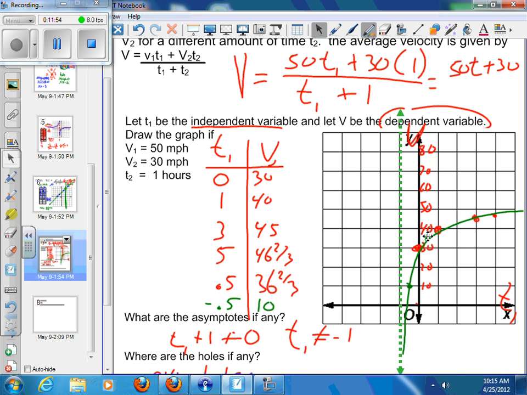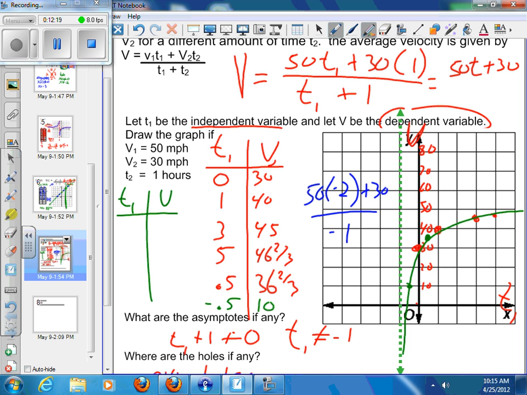So then what happens on the other side of our asymptote? That's where we need to plot a whole bunch more points. On the other side, I would be at like negative 2, so I'm going to have my t sub 1 and my v. If I'm at negative 2, that would be 50 times negative 2 plus 30 over negative 1.